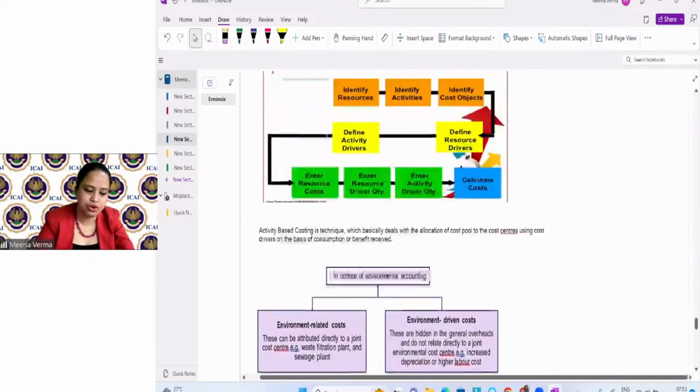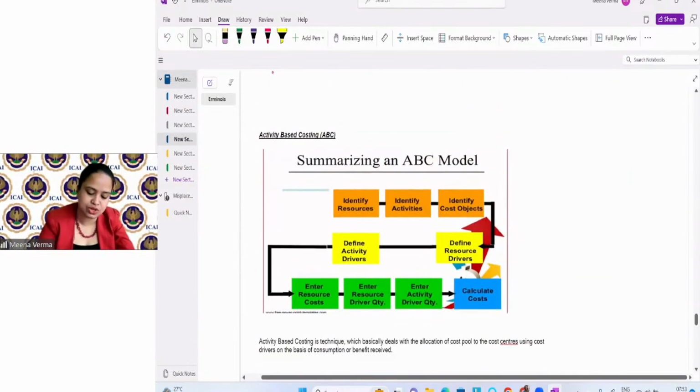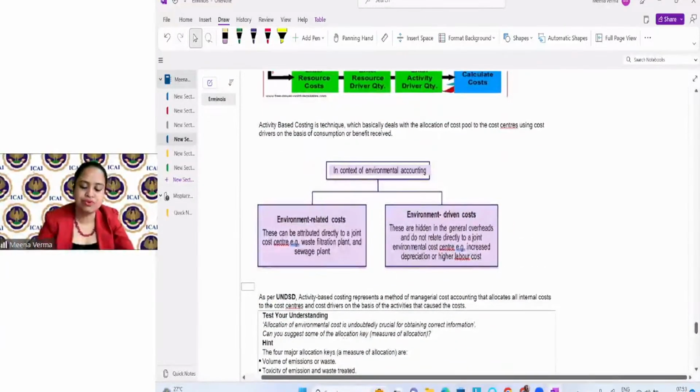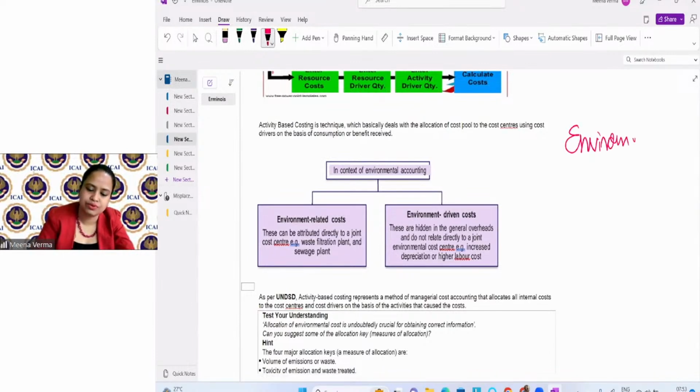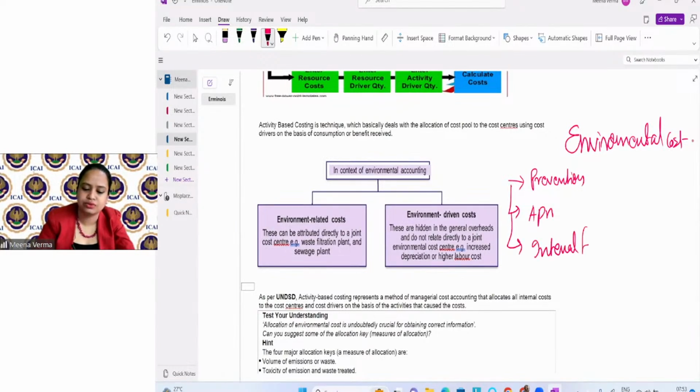All right. Next is activity-based costing. We will find all possible environmental cost here. We have already learned that we classify them as prevention cost, appraisal cost, internal failure cost, or external failure cost.